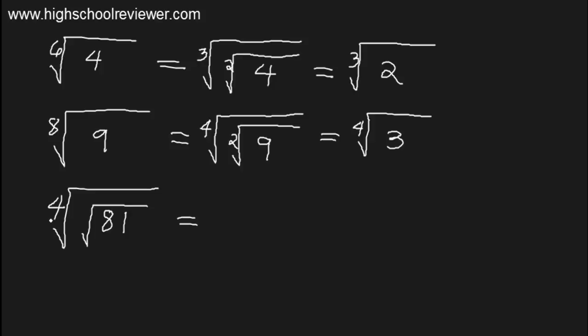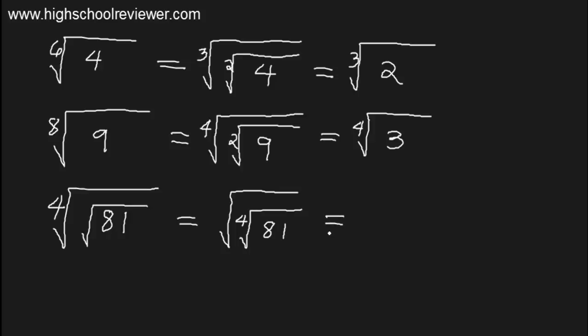So the 4th root, we can interchange that. It will be inside, and the square root will be on the outside. So interchanging the roots, we will have the square root on the outside, and what will be on the inside now will be the 4th root. So this will now be the 4th root of 81.